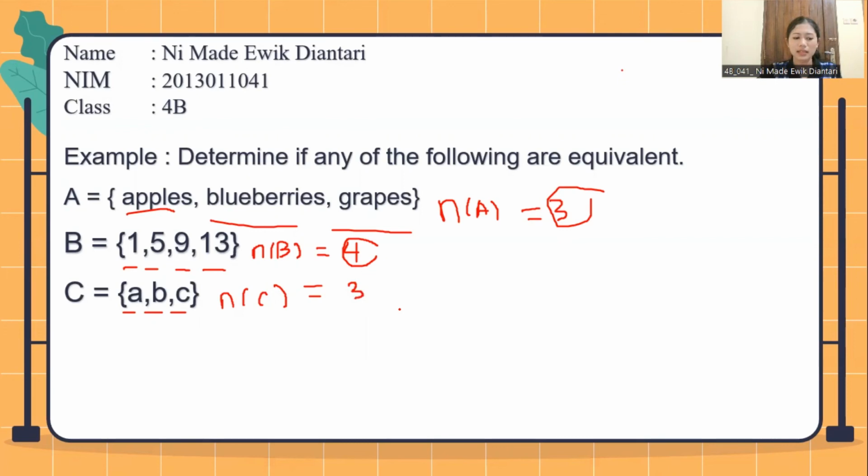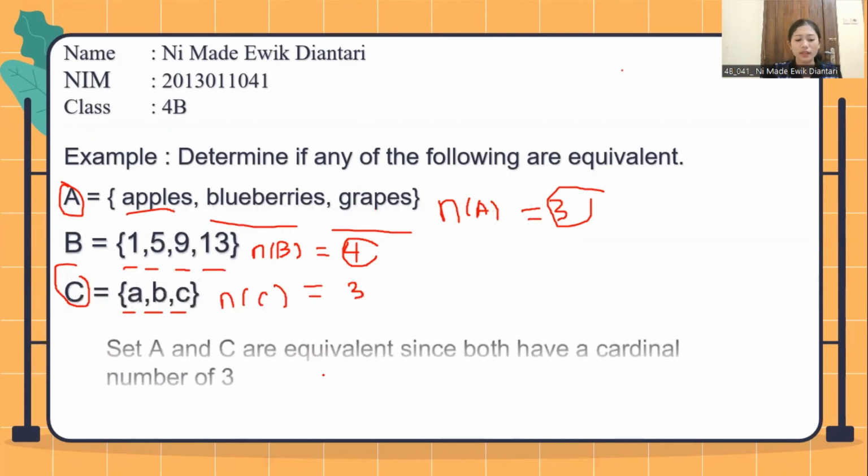So we can see that set A and set C have equal cardinal numbers. So we can say that sets A and C are equivalent since both have a cardinal number of 3.